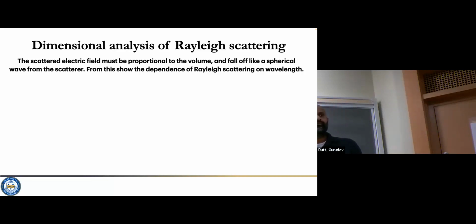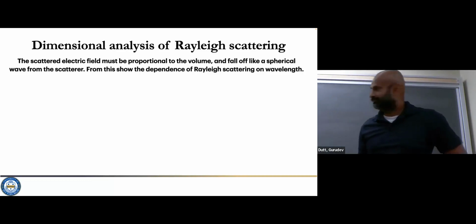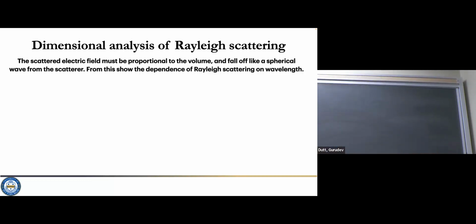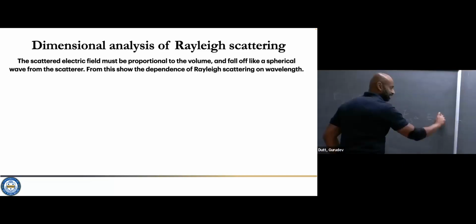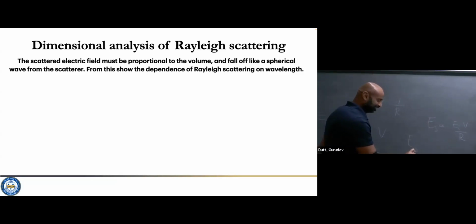If ES is proportional to V and 1 over R and EI, I guess we can write ES as proportional to EI times 1 over R. Excellent. That's what I was looking for. Perfect.